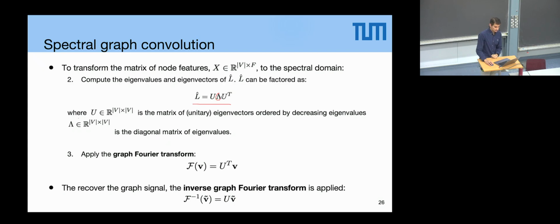Here Lambda is a diagonal matrix where each of the elements corresponds to an eigenvalue, stored in decreasing order, and U is the matrix of eigenvectors, so each of the columns corresponds to one eigenvector. Now that these matrices are normalized, each of the eigenvectors has been normalized to be unitary.